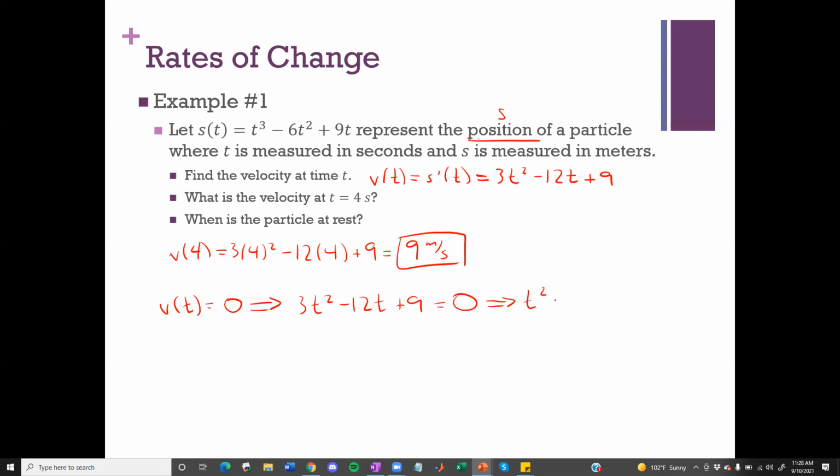Divide the whole thing by 3 and get t squared minus 4t plus 3 equals 0. Does this thing factor? So those times are going to be 1 second and 3 seconds. Oh, I'm ahead of myself. Number 3, then the letter S.